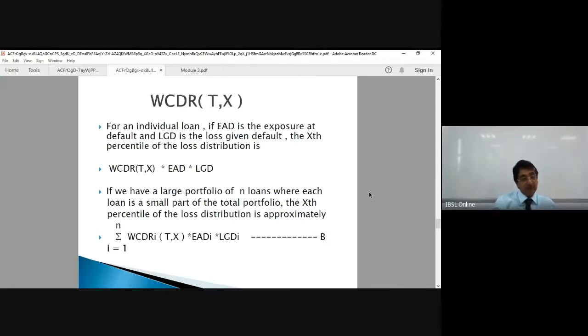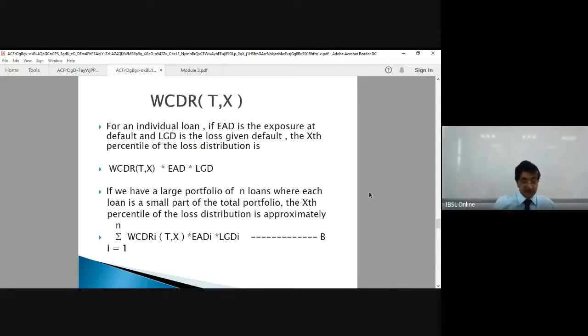When there's a severe downturn in the economy, it can happen. So then we can say that all the loans will have a similar worst case default rate. So that is one condition.